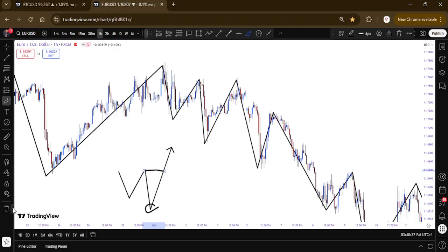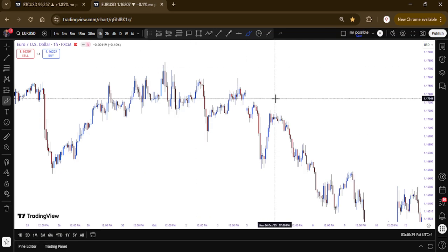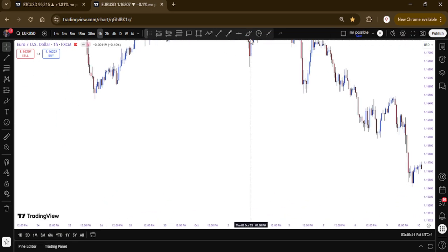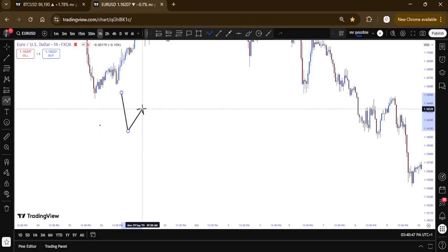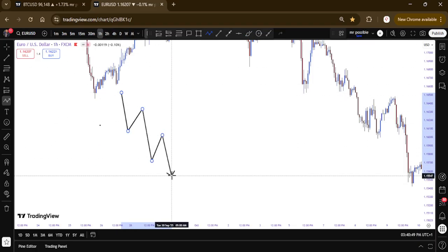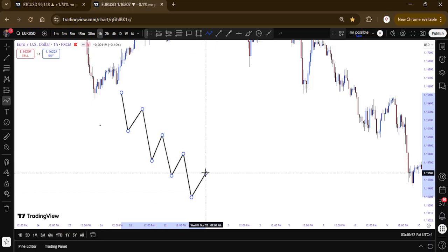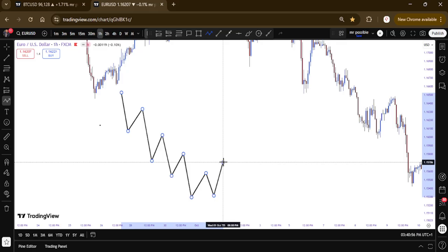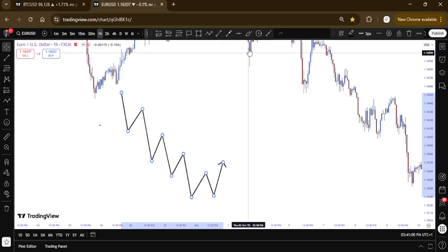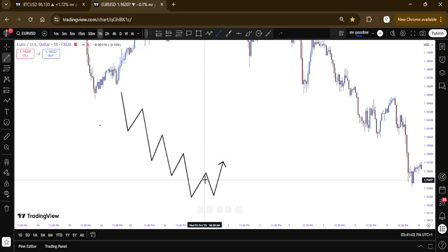Okay, for instance, let me clear everything here. If, for instance, we have price coming down like this, and I see something like this, I will not identify this break as a major break of resistance.